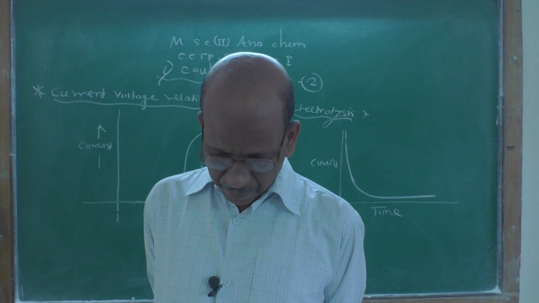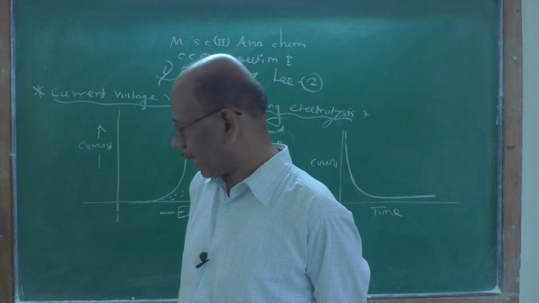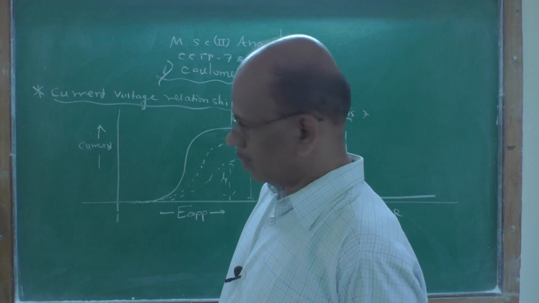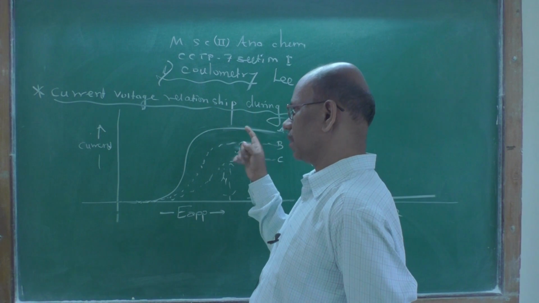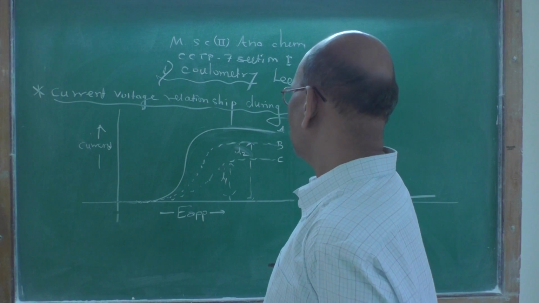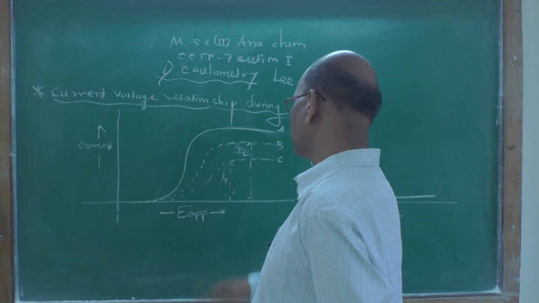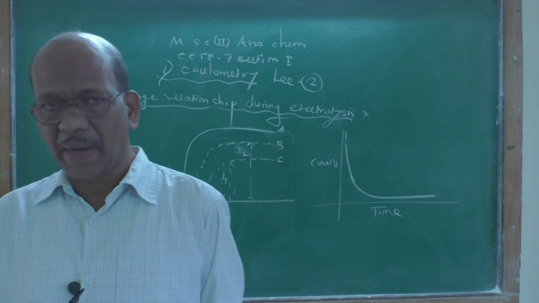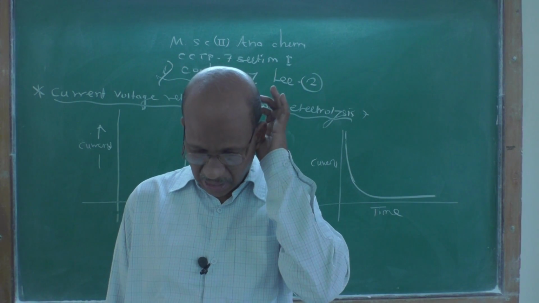Now, if we consider the graph of current against applied potential, we get the first curve, that is A, with 100% efficiency. If efficiency is less, we get the second curve, or the third curve, denoted by curve A, curve B or curve C.